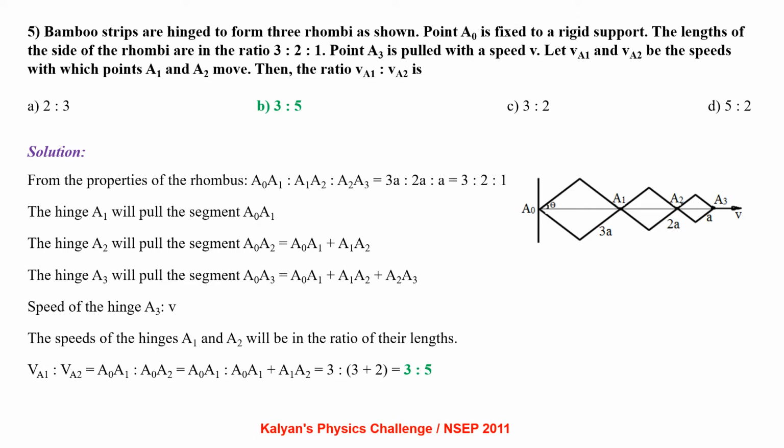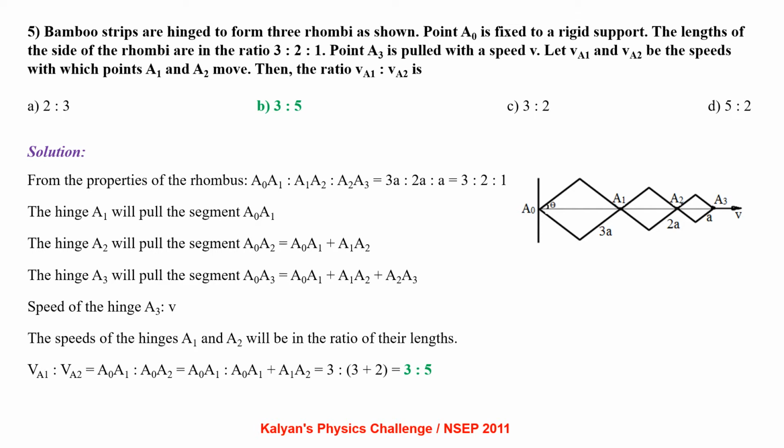From the properties of rhombi, A0A1 is to A1A2 is to A2A3 is 3a is to 2a is to a, that comes to be 3 is to 2 is to 1. The hinge A1 will pull the segment A0A1. The hinge A2 will pull the segment A0A2, that is equal to A0A1 plus A1A2.